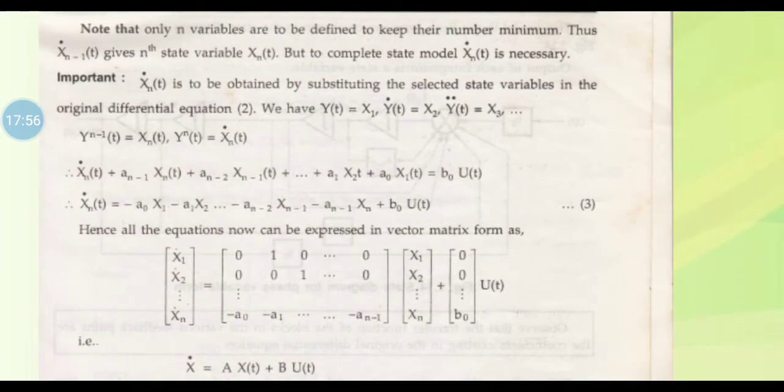So we have y(t) is equal to x1, y dot(t) is equal to x2, y double dot(t) is equal to x3. So y raised to n minus 1 (t) is equal to xn(t), y raised to n (t) is equal to xn dot(t). Therefore xn dot(t) plus a n minus 1 xn(t) plus a n minus 2 xn minus 1(t) and so on, plus a1 x2(t) plus a naught x1(t) is equal to b naught u(t).